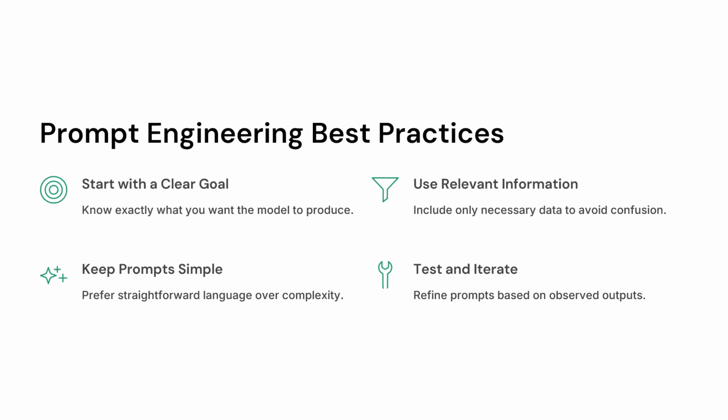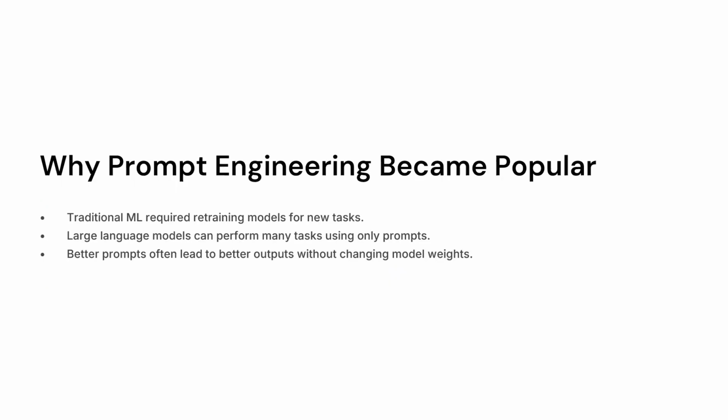Like suppose I want to understand about machine learning, I won't input information about my cat or my dog because it's not relevant in this particular context. And fourthly, test and iterate. Try different prompting techniques and see which one suits better for your particular use case. These are few of the best practices which are kept in mind by prompt engineers.